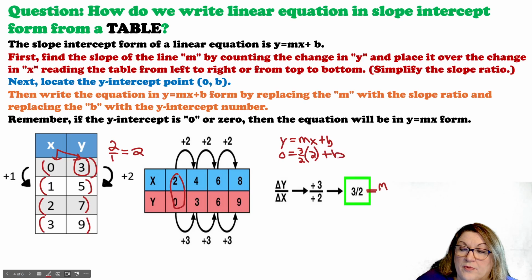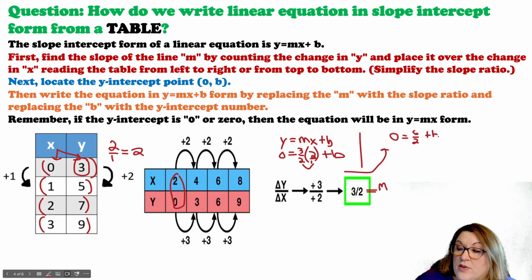If I multiply these two, I'm going to get 6 over 2, because this is 2 over 1, right? So 6 over 2: 3 times 2 is 6, 2 times 1 is 2. So I'm going to end up with 6 over 2 plus b.